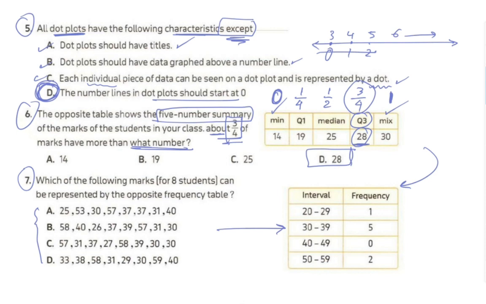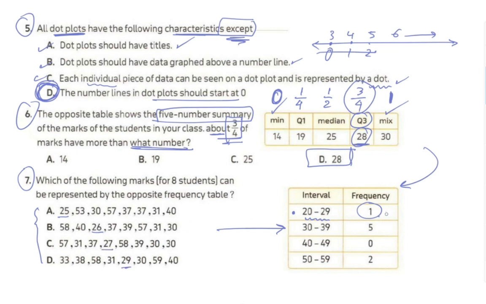Now I need to check all these intervals. Maybe I check the first one, from 20 to 29. I have one frequency. Here we have 25, just 1, that's okay. Here we have 26, just 1, it's okay. Here we have 27, just 1.